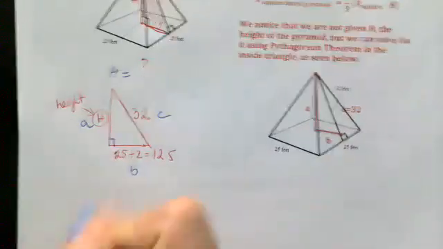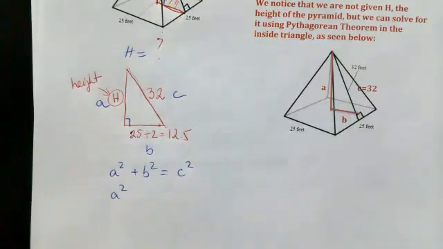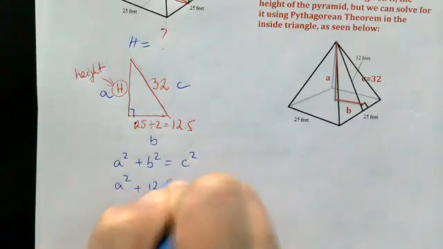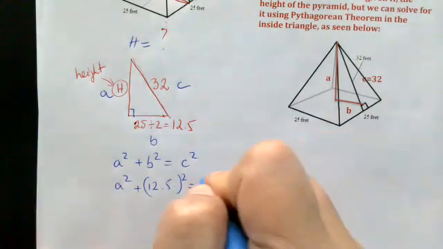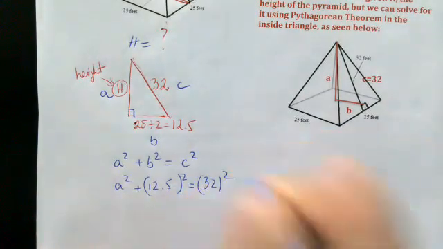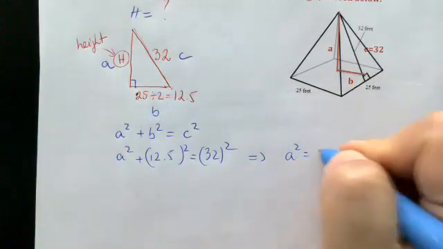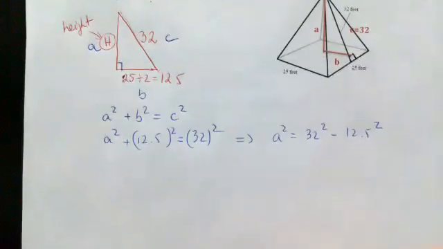Okay, so let's apply it. A squared plus B squared equals C squared. A is the one that I don't know. B is 12.5, let's square it. And C is 32, let's square it. So A squared is 32 squared minus 12.5 squared.